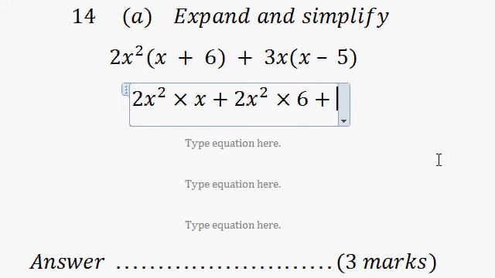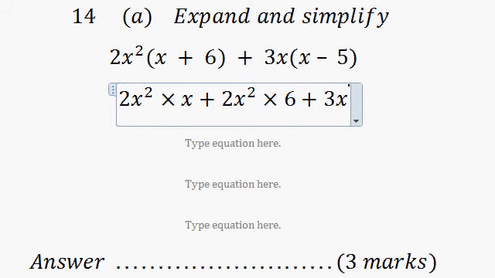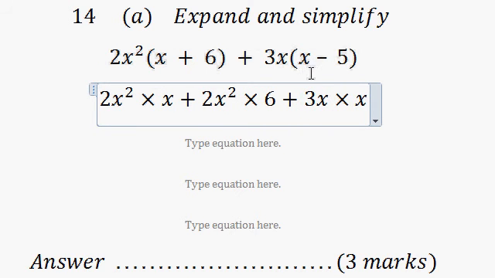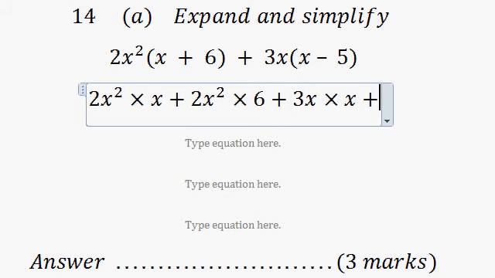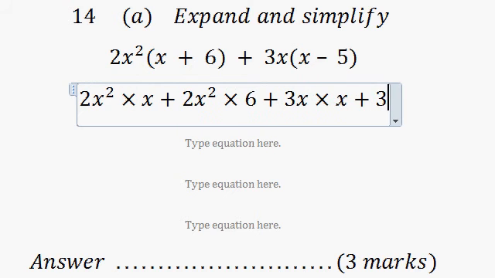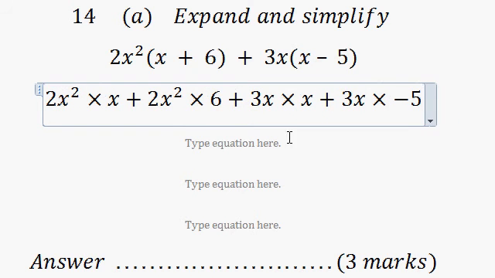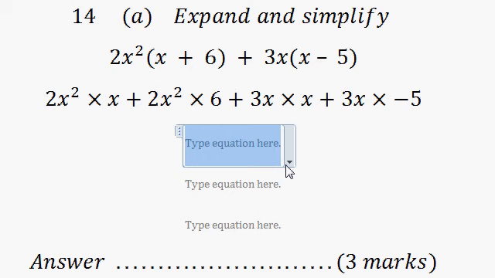So 3x times x, and it's going to be, okay, let's write plus 3x times minus 5. Okay, we've written it out the long way, and now we're going to do it.